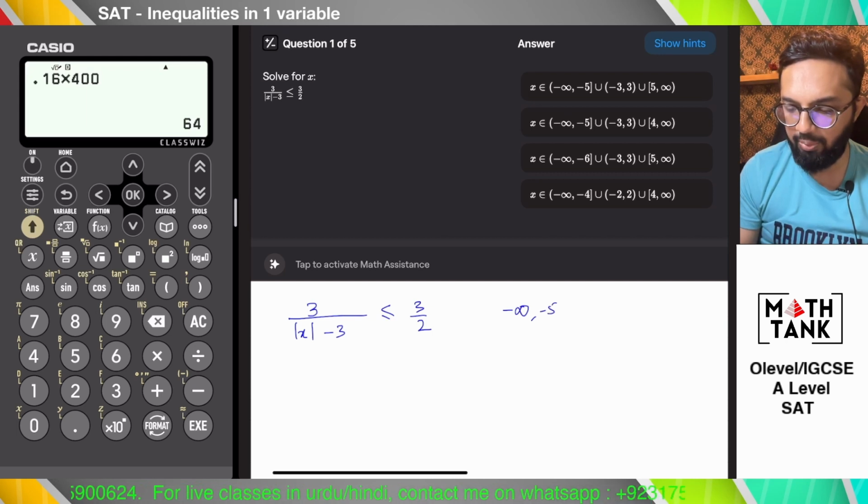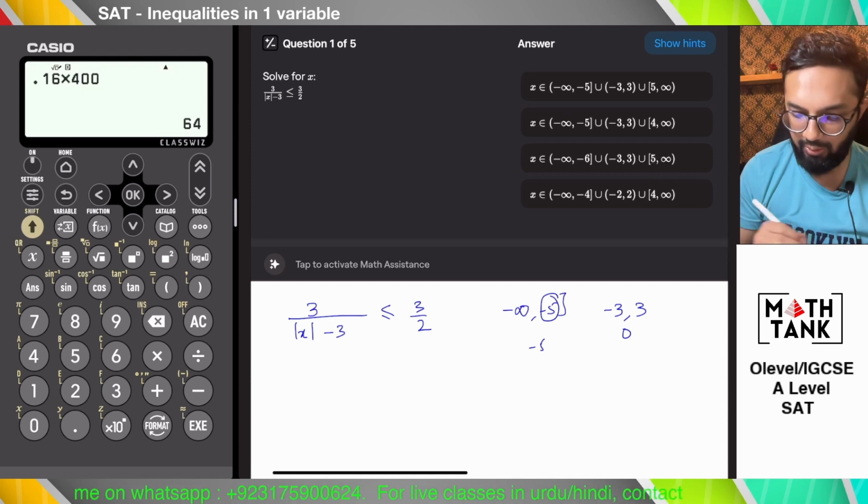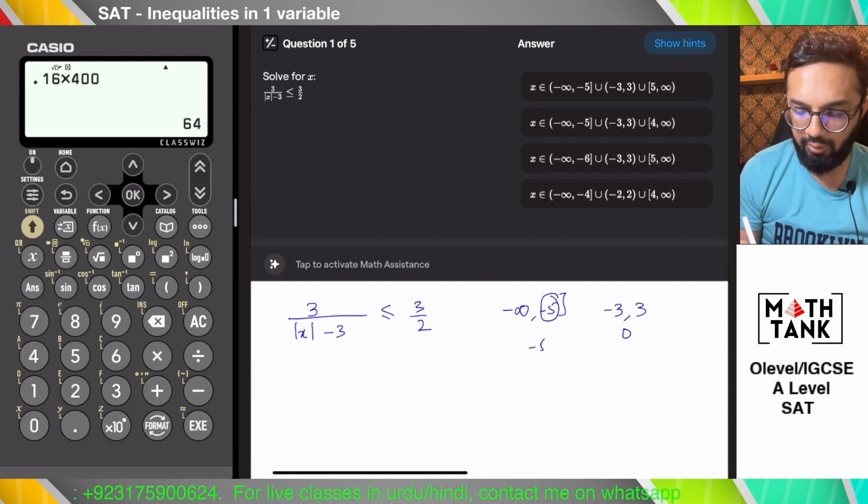So I want a number between minus infinity and minus 5 with minus 5 included. So I'm going to see if minus 5 works. And then I want a number between minus 3 and 3. So I'm going to use 0. I'll see if these two things balance my question.